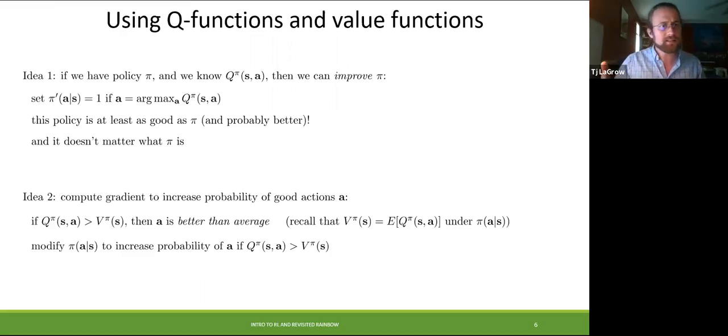There are two different ideas that you can think about for the Q functions and the value functions. If we're given a certain policy and we know the Q value, then we can improve the policy, or we can compute the gradient to increase the probability of taking a potentially good action, A. And so this is all just recall from last week.